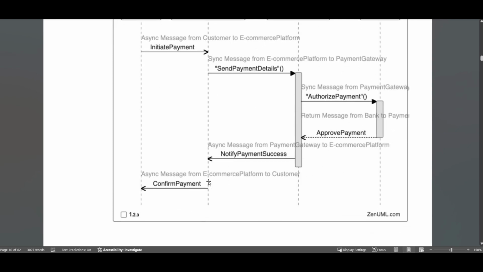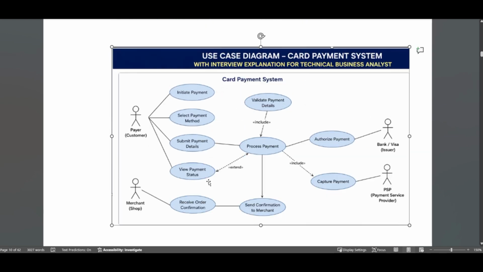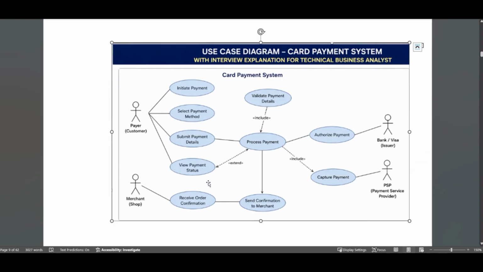Out of these sequence diagrams, the business analyst has to develop these kinds of use case diagrams, which include the functional flow as well as the business flow, so that the stakeholders can understand properly how it meets the business expectation, and how the system is interacting from the external users' point of view.